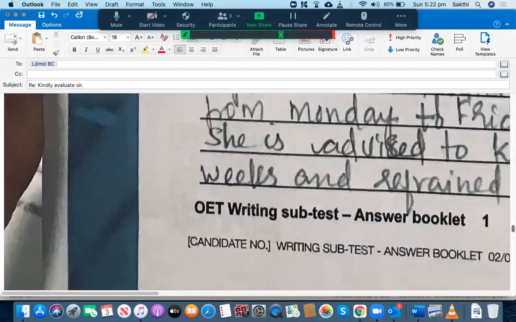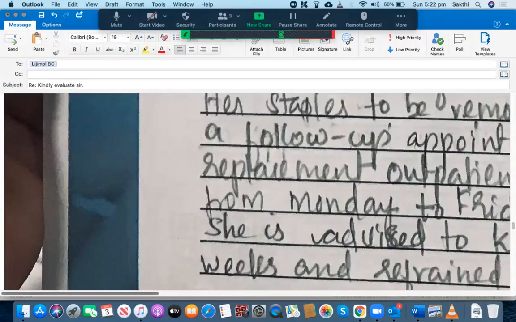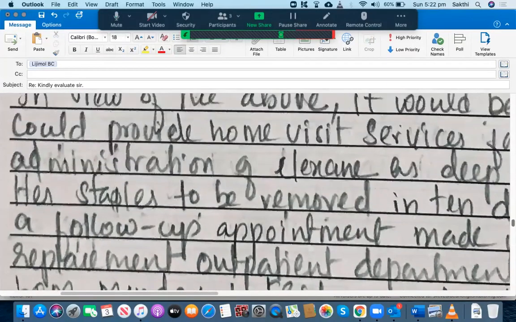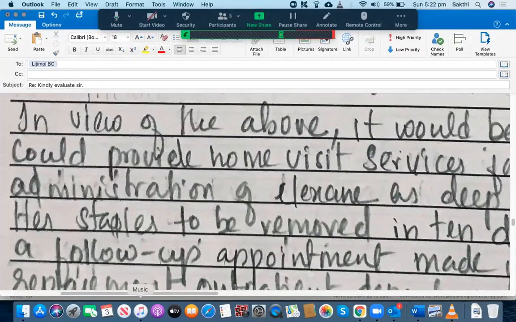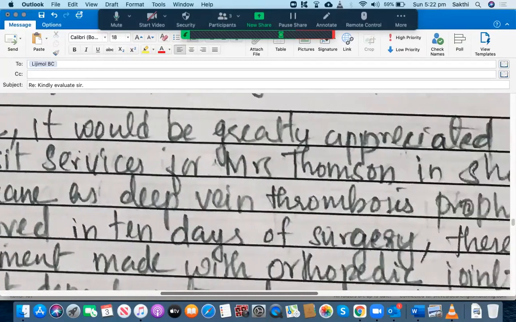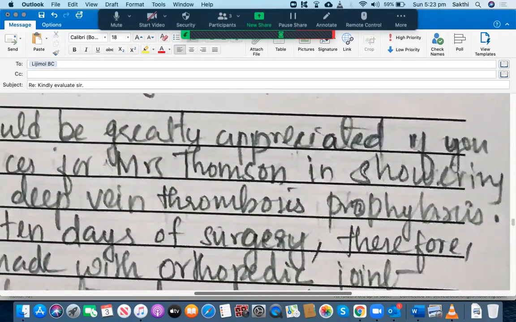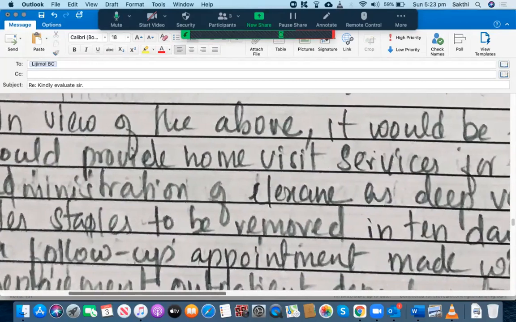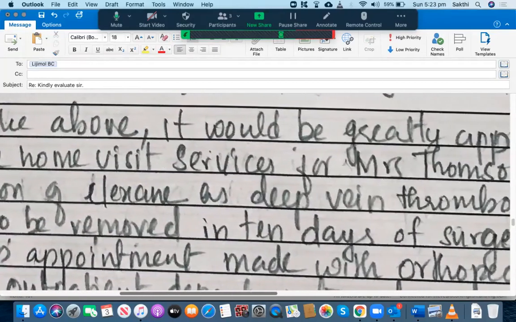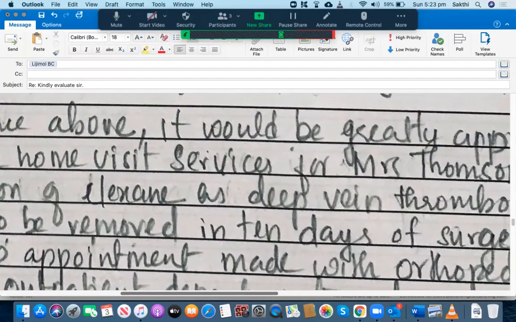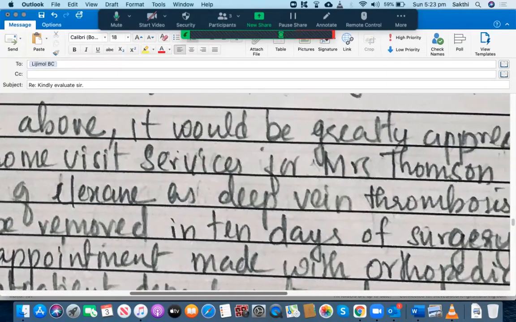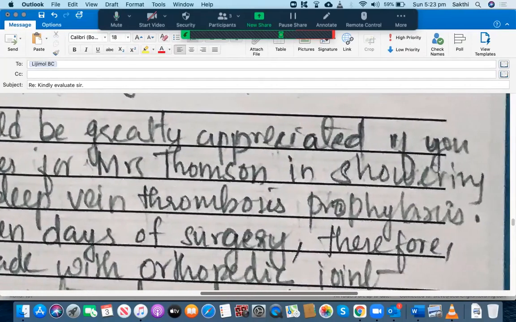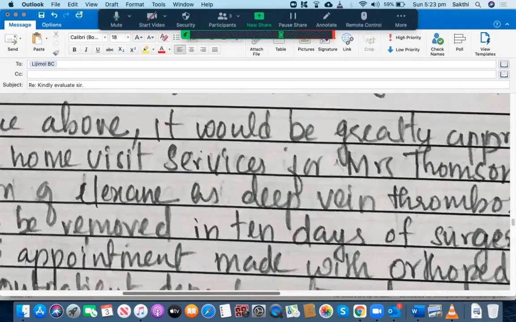Okay, let's go here. So in showering and administration of Clexane as deep vein thrombosis prophylaxis.